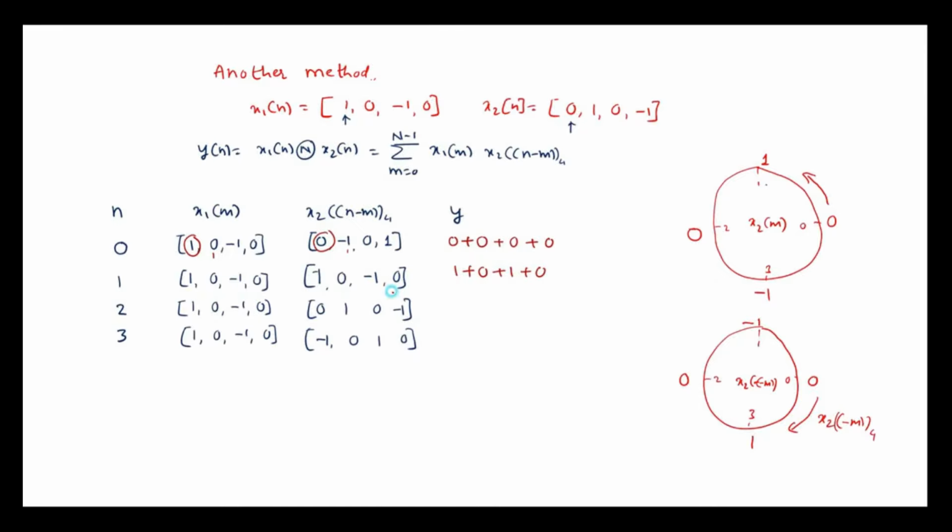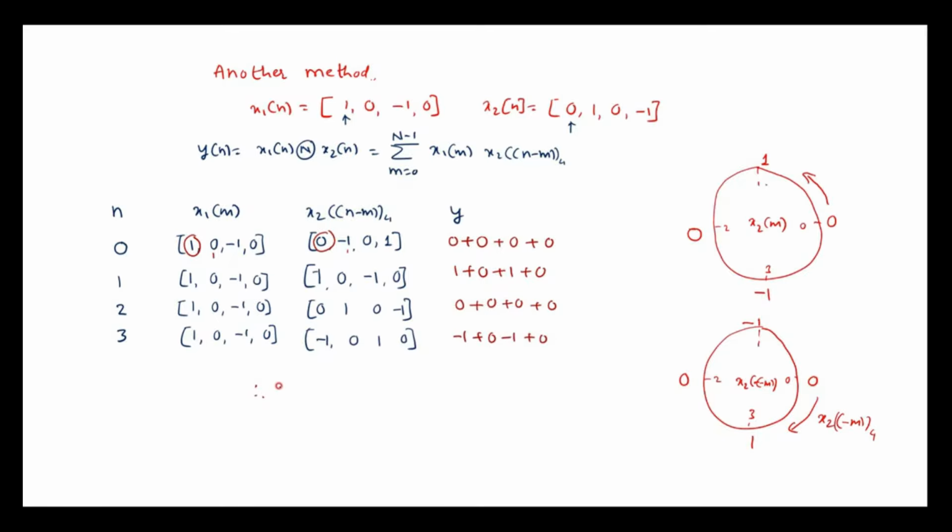Similarly for n equal to 2, it is 1 into 0, that is 0, plus 0 into 1 is 0, minus 1 into 0 is 0, 0 into 1 is 0. Similarly here, 1 into minus 1 is minus 1, it is 0, then we have minus 1, then we have 0.